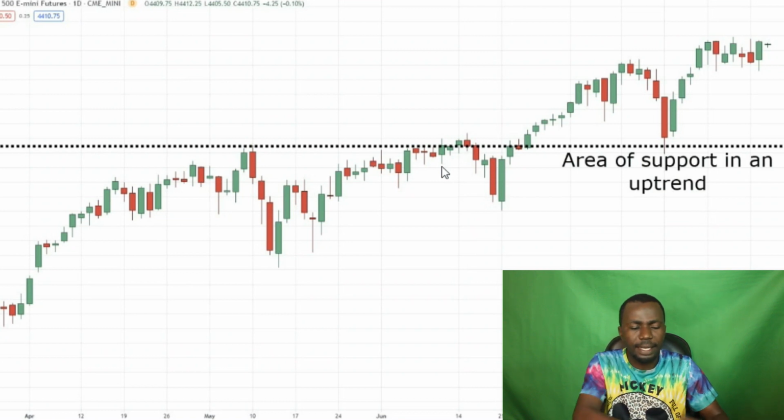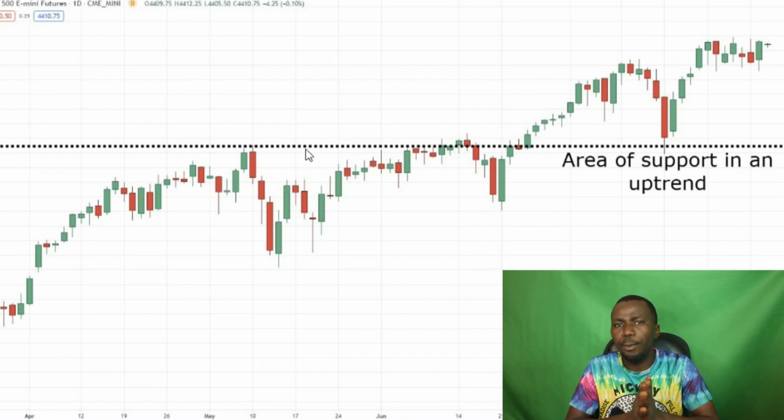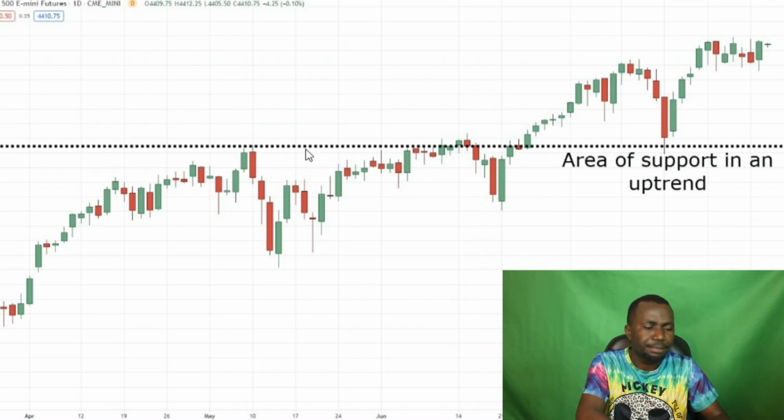So what you are doing now is waiting for the price to come back to test this level, because formerly the market is in an uptrend, then got to this level, then reversed, telling you that this is a resistance level. And what happens when a price crosses a resistance level? That resistance level turns into a support level, right?